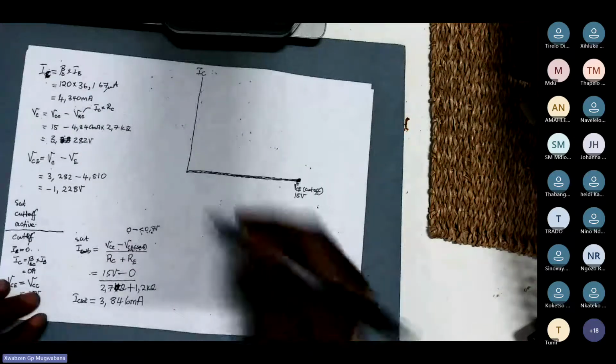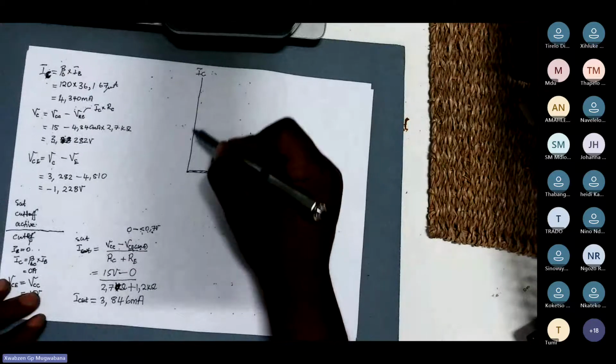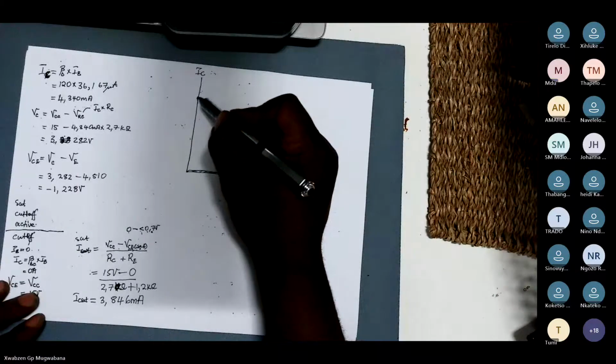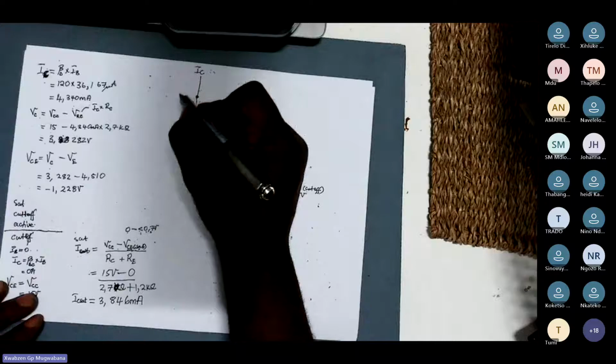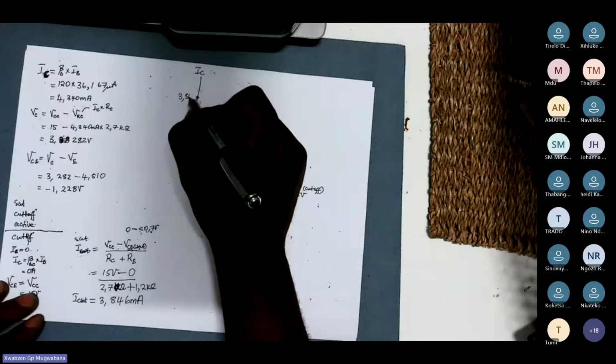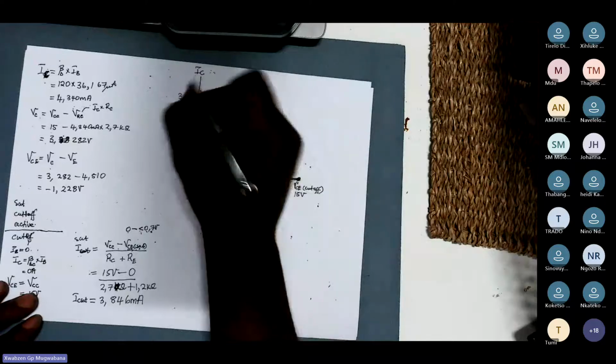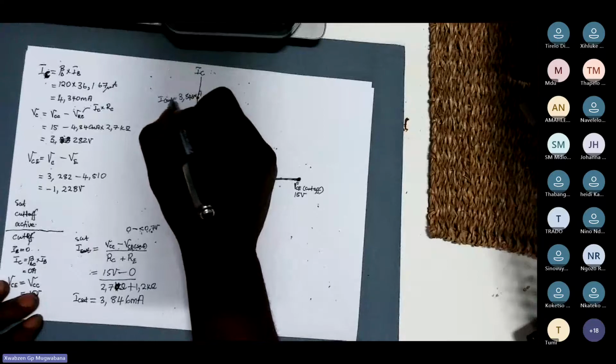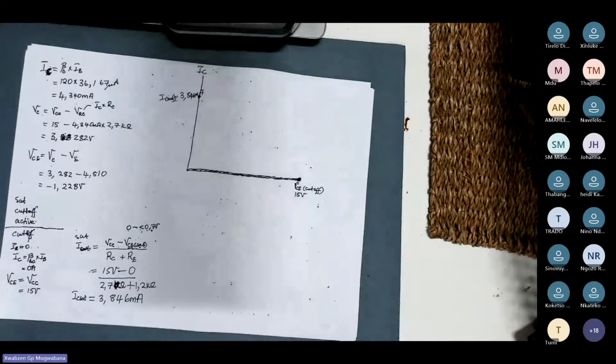Okay, which means now I'll go and say, let's say 3,846 milliamps. That is this one. It is your I set. Do we understand the chart?